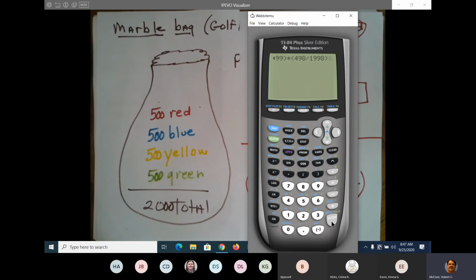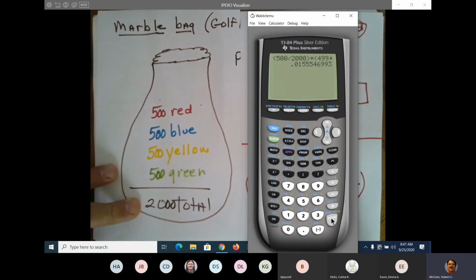Close parentheses and equals 0.0155546993 or 0.016.